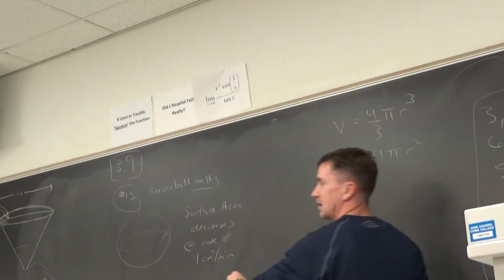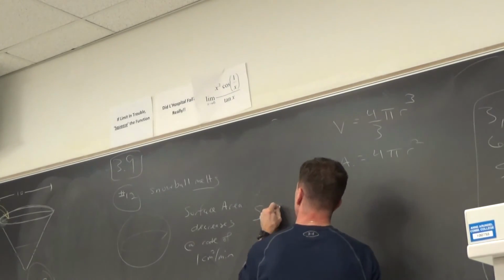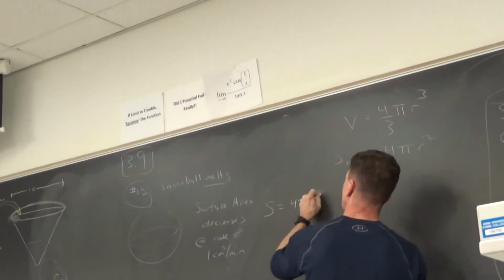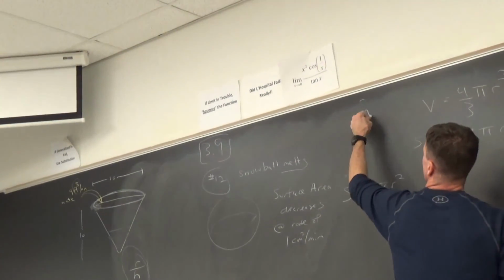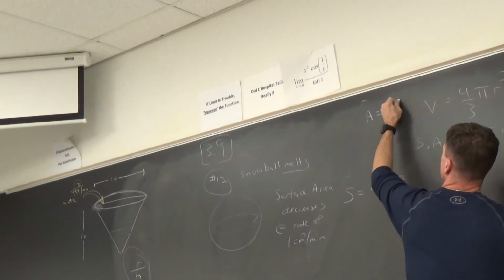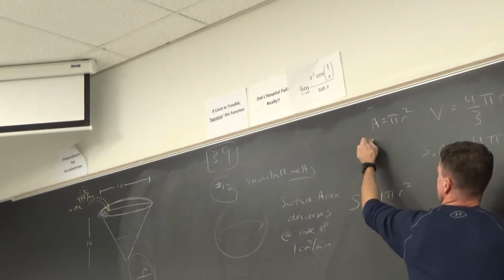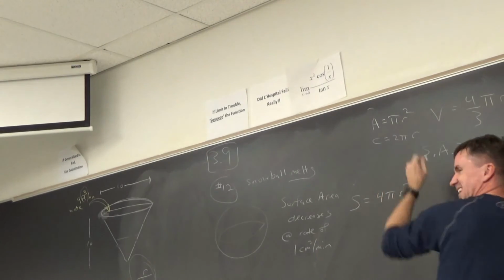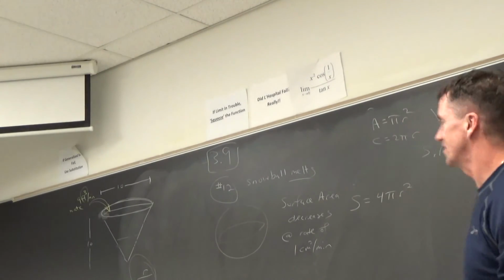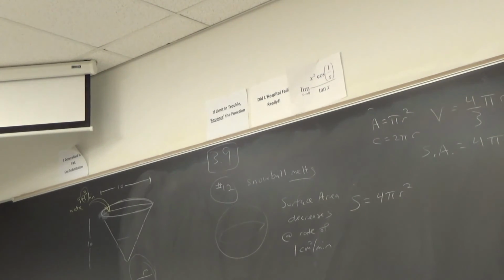So that's where I'm starting my problem, everyone. S equals 4 pi r squared. Isn't that cool? Do you know this works with the circle too? Watch. What's the area of a circle? Pi r squared. Differentiate that with respect to r, and you'll get the circumference. Isn't that neat? The only thing is now you gotta figure out what other geometric figures this works on. It works on volume for surface area.